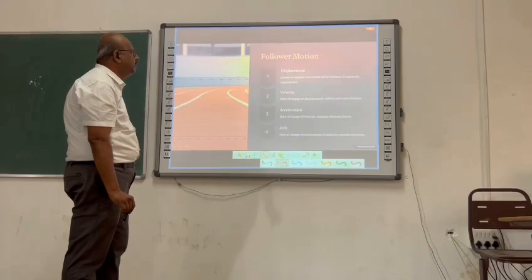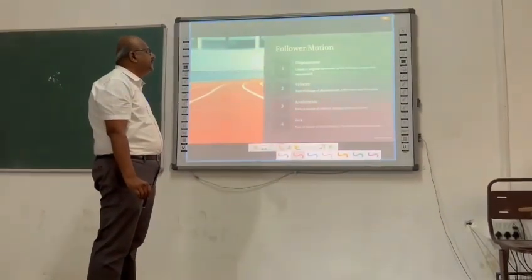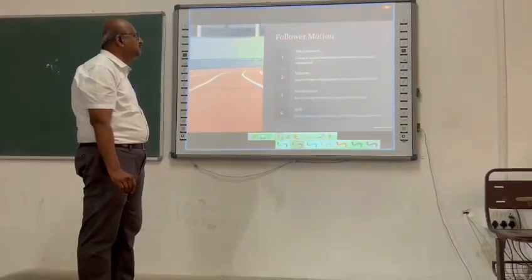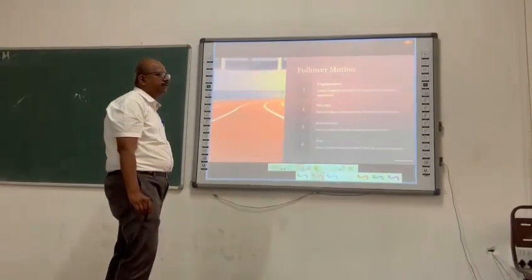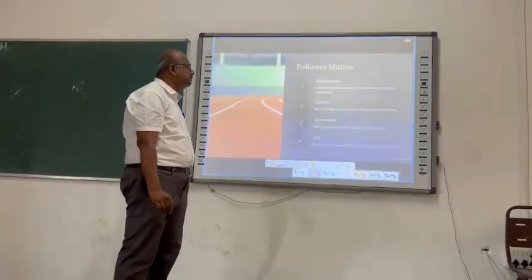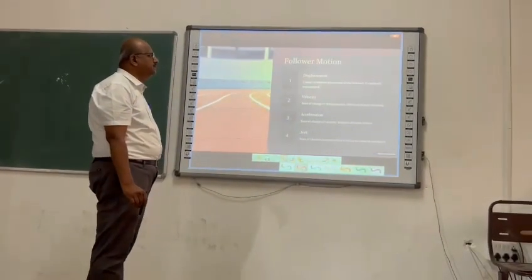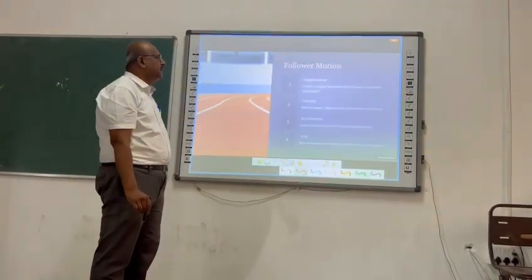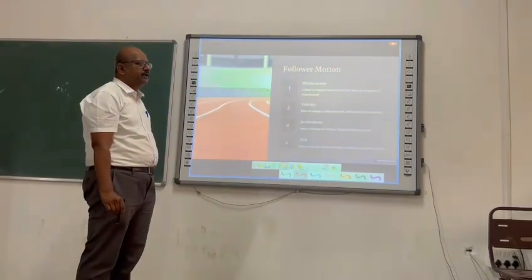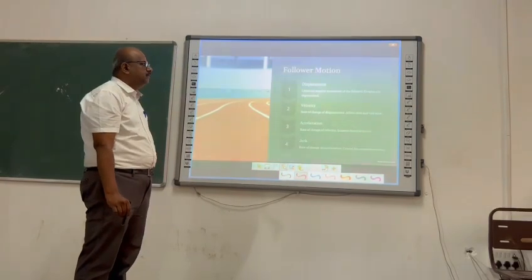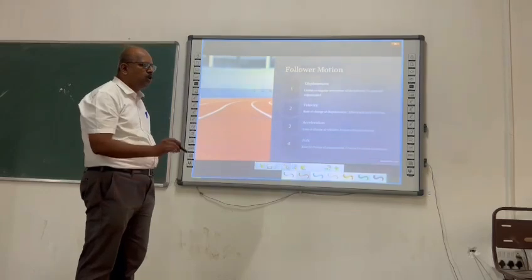So, in the next section, we are going to consider the various aspects of follower motion. In the earlier classes, we have learned about displacement, velocity, acceleration and so on. Displacement is the movement of a particle.